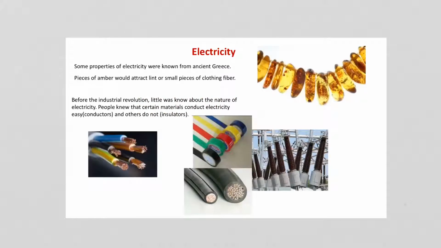Electricity was first discovered, or some properties of it were first discovered, by the ancient Greeks. They found out that pieces of amber, when held in pockets, would attract small pieces of lint or clothing fiber or dust due to friction with the fabric of their clothes.